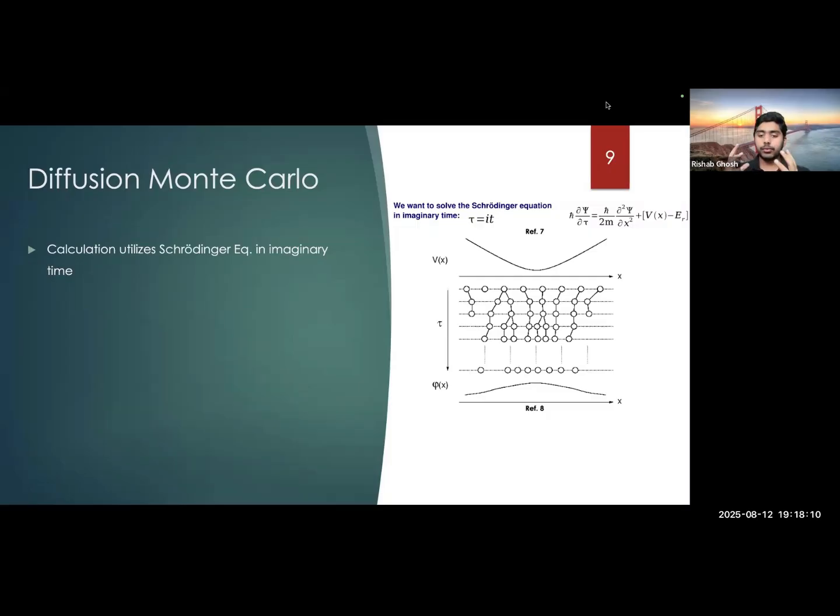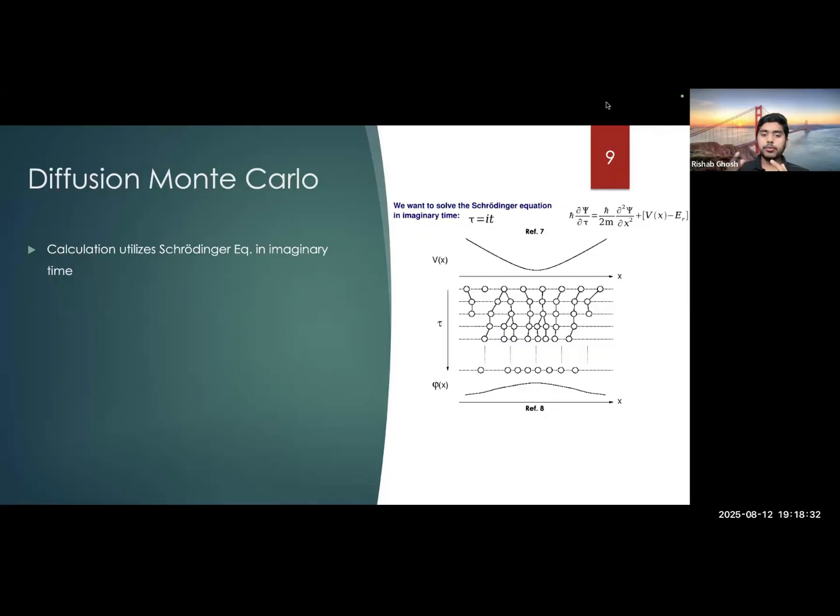Over the course of many, many time steps, eventually all of the walkers converge to a certain energy value, which you can see as psi of x. And that is essentially what our final energy value would be.